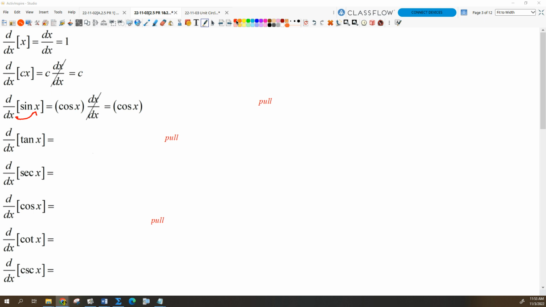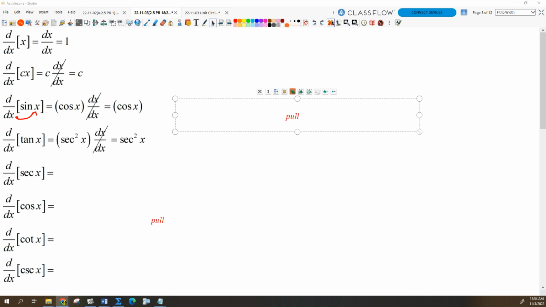What's inside the sine function matches up with the variable of differentiation, what I'm differentiating with respect to. So we don't even bother writing that. We don't need to use the chain rule here. Technically we do. You didn't know you were using the chain rule at the time, but we were. It just doesn't buy us anything, right? It doesn't do anything.